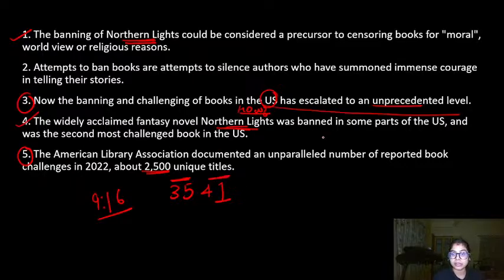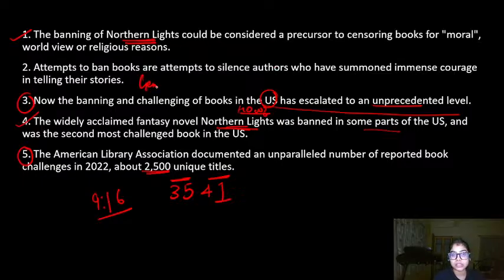Okay, Northern Lights was banned in some parts of the US and was the second most challenged book. The banning of Northern Lights could be considered a precursor to censoring books for moral worldview or religious reasons. Statement 2: Attempts to ban books are attempts to silence authors who have summoned immense courage in telling their stories.